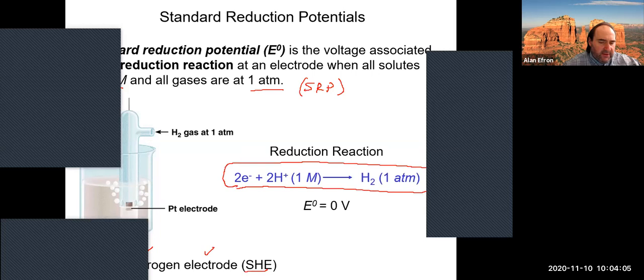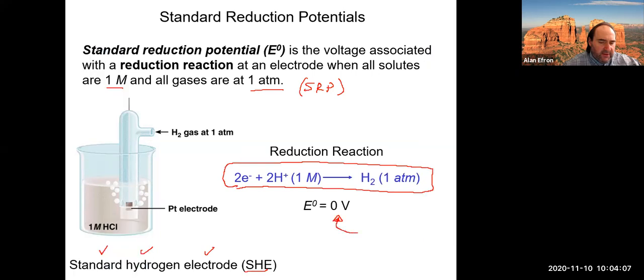And they arbitrarily gave it a value of 0 volts, and pretty much used that value to determine what everybody else's values would be. So they hooked up things to the standard hydrogen electrode and basically figured out the values here.